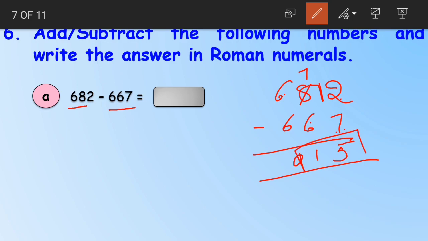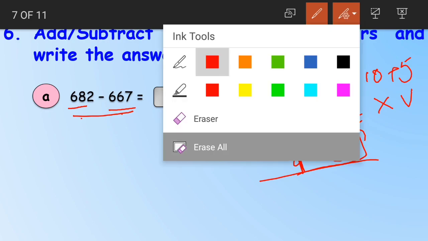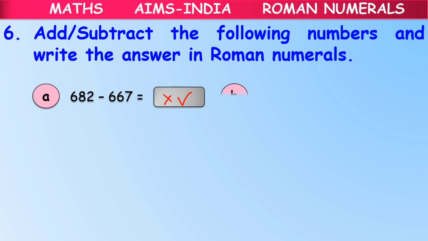So the answer is 15. Now how do we write 15 in Roman numerals children? We write it as 10 plus 5, which is nothing but XV. Am I right children? We subtracted both the numbers. We got 15 as the answer, and 15 is written as XV in Roman numerals.